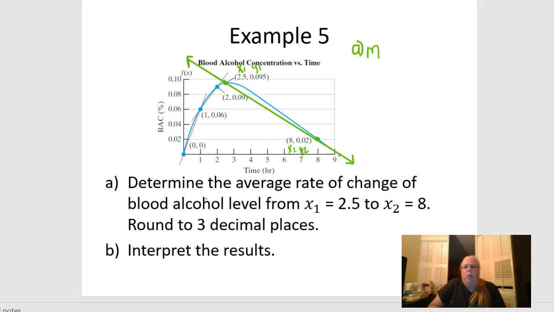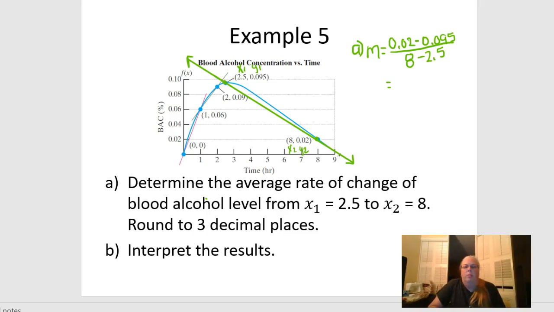All right, so if we treat this one like x1 and y1, and this one like x2 and y2, then our slope, or our rate of change, is going to be 0.02 minus 0.095 divided by 8 minus 2.5.